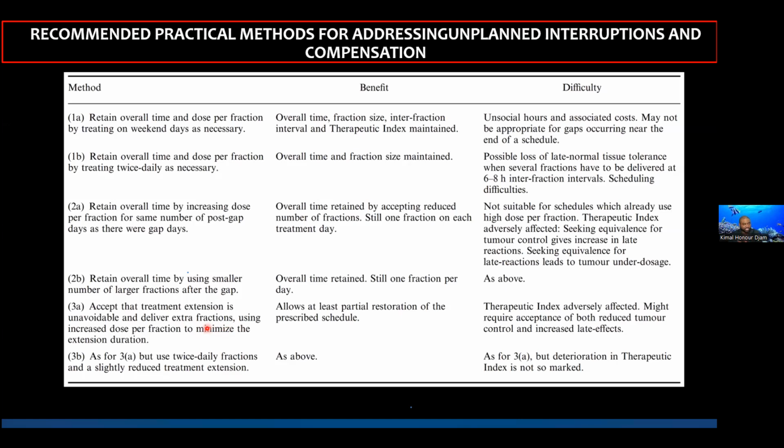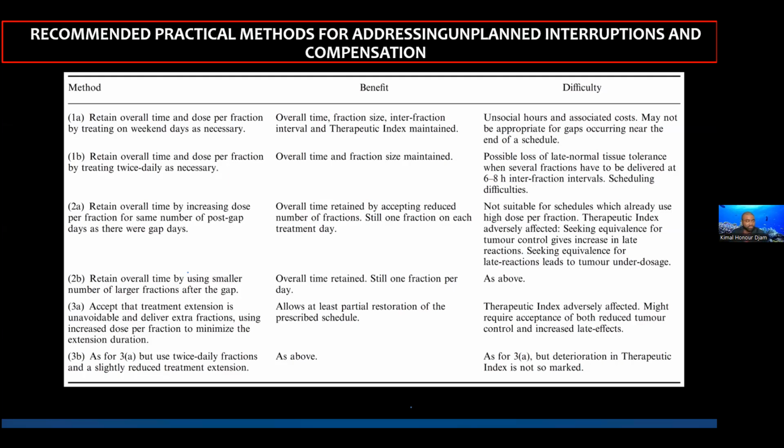Now, the challenge with this is the therapeutic index will be affected. The only question is, what compromise are we going to give? This is the point where the physicist works with the oncologist to decide on the right compromise within the scenario. And this comes to the end of my presentation.